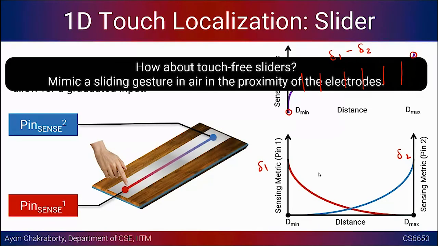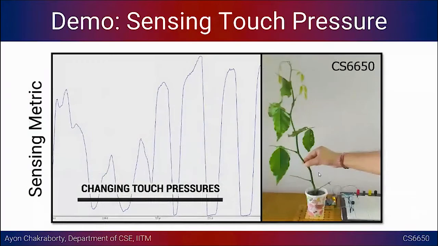Okay. And there is one more thing I want to show you. This is something I also covered in last year's class, using the entire small plant as an electrode, right? This electrode here of the sensing circuit is connected to this plant's trunk. Okay. And however you interact with the trunk of the small plant is going to show up in the sensing metric.